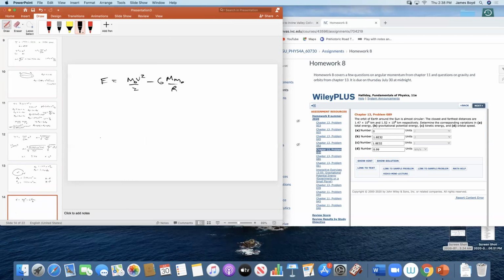So this would be the mass of the Earth, this would be the mass of the Sun. And at any other point, it's also equal to this. But by conservation of energy, this is true unless something weird happens, some outside force happens. So EA is equal to EP. Therefore, if we took the energy at perihelion minus the energy at aphelion, we would always get 0. Energy conserved, okay?